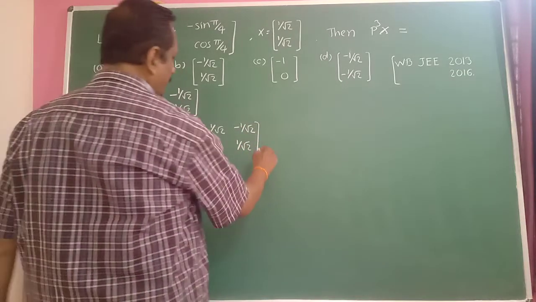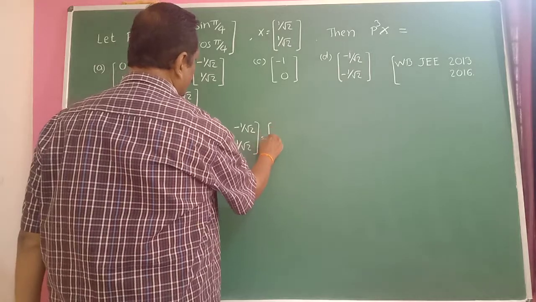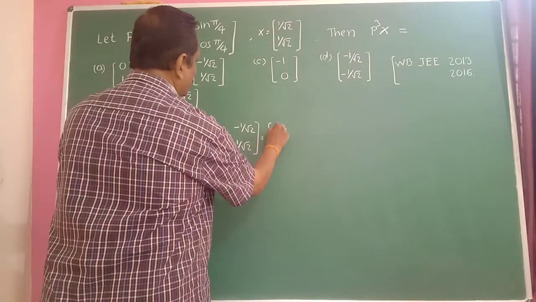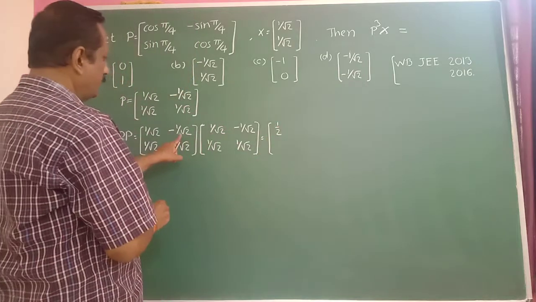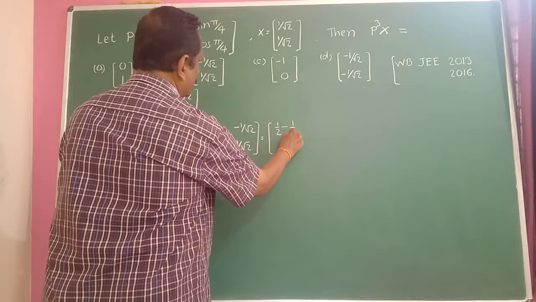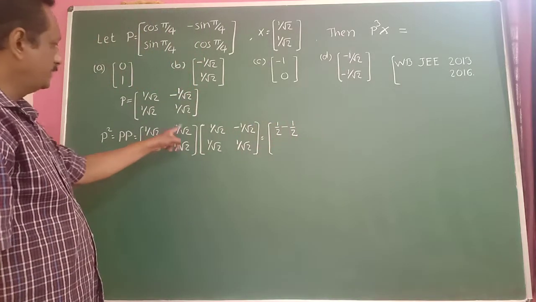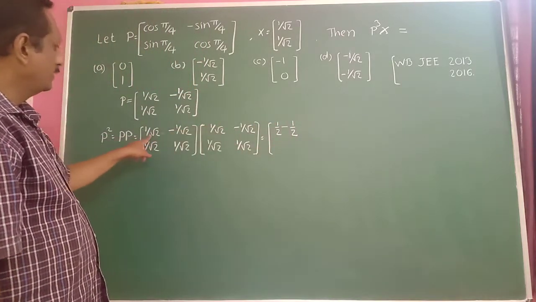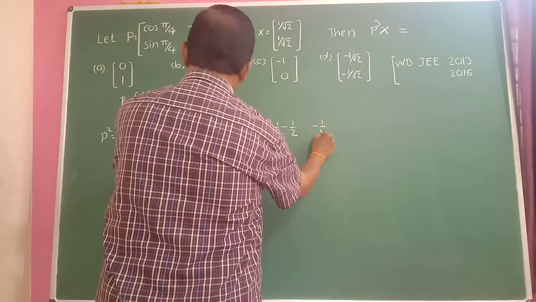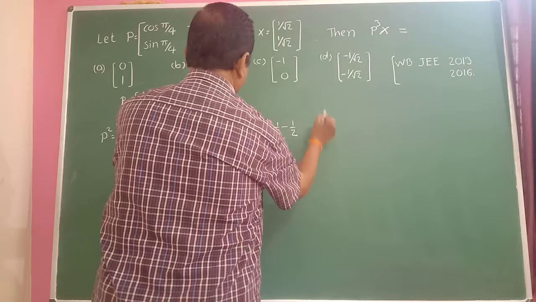Multiply row with the column here. Therefore, this is equal to 1 by root 2 into 1 upon root 2 is 1 by 2. Minus 1 by root 2 plus 1 by root 2, minus of 1 by 2. Multiply this row with the column here. 1 by root 2, minus 1 by root 2, minus of 1 upon root 2.